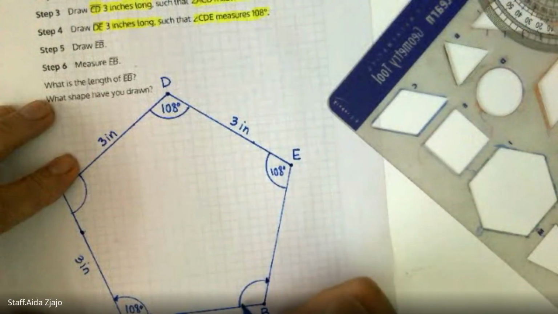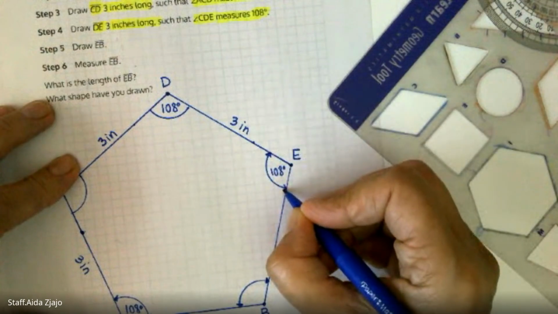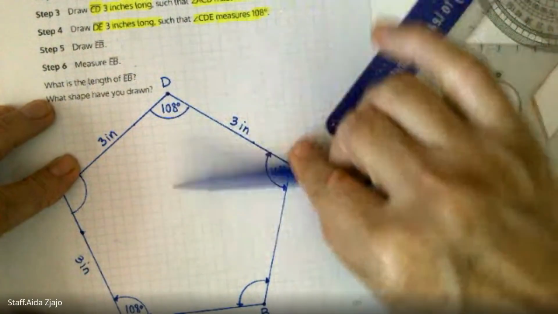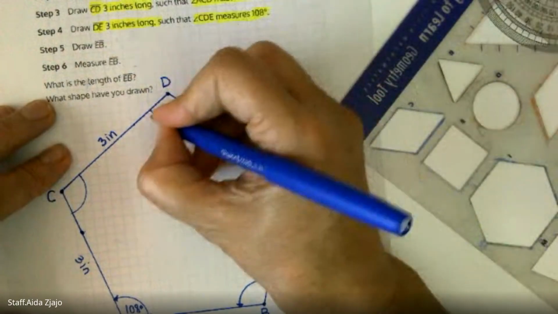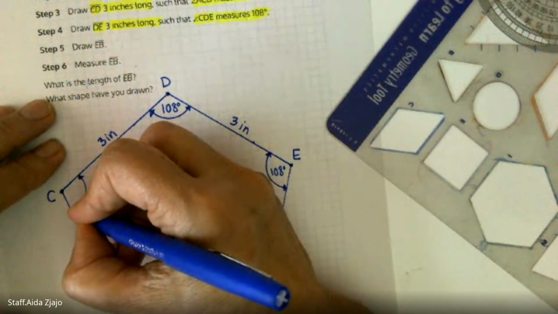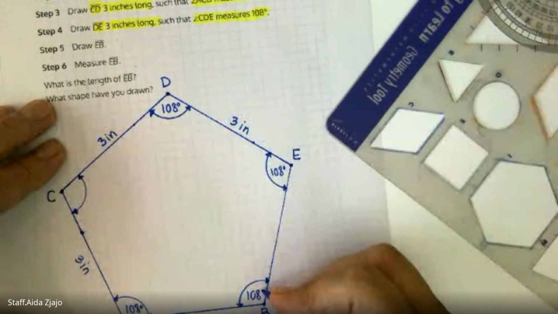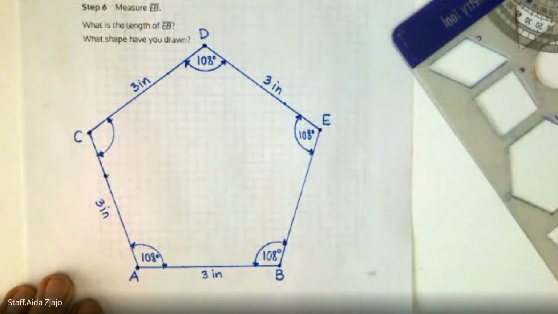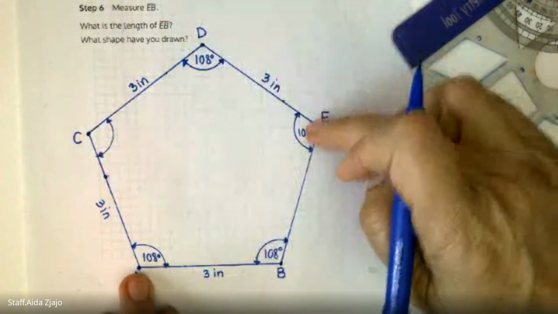We label angles with arrows on both sides because you can measure from this side or from that side. It doesn't matter. It's going to measure 108 degrees in each.